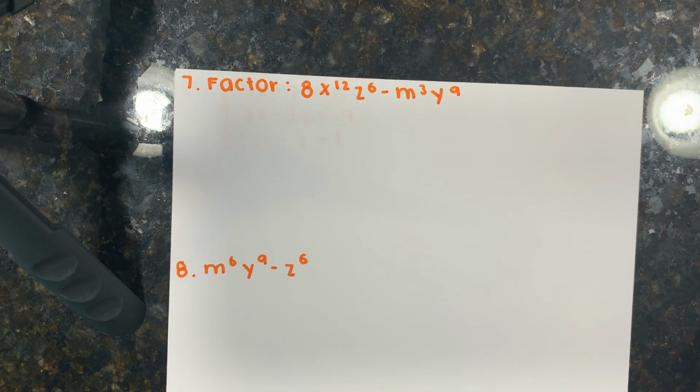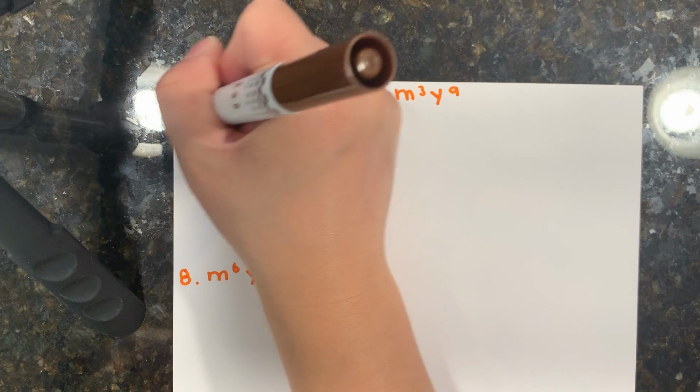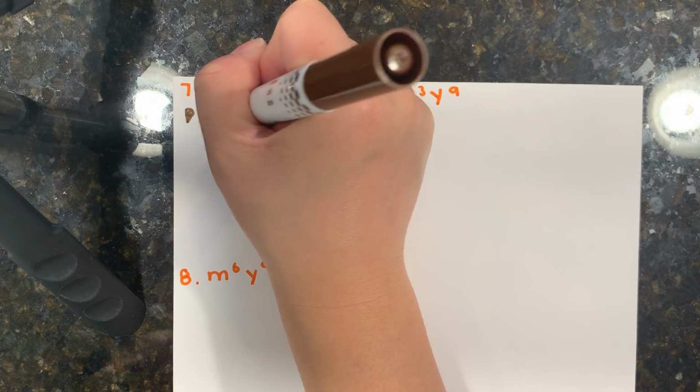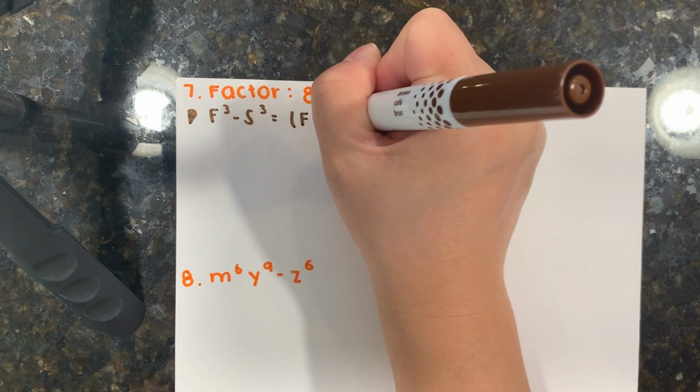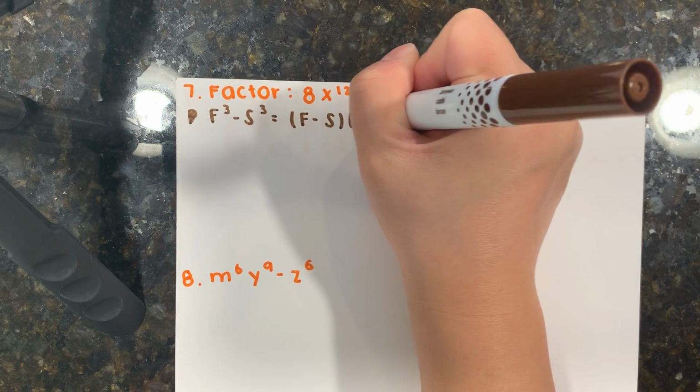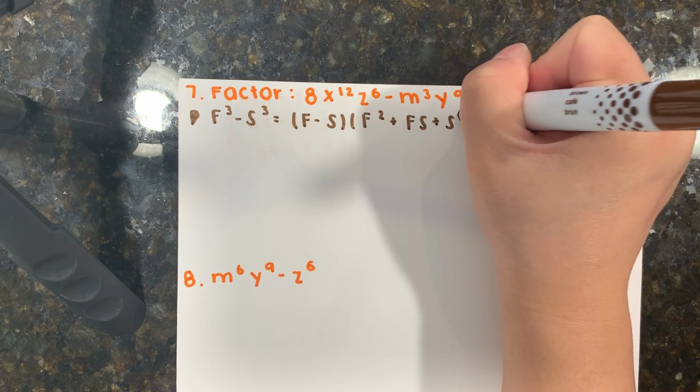Now looking at number 7, similar to the one that we just did, but instead we have to do the second equation in our notes. So that would be f cubed minus s cubed, which would be f minus s times f squared plus f times s plus s squared.